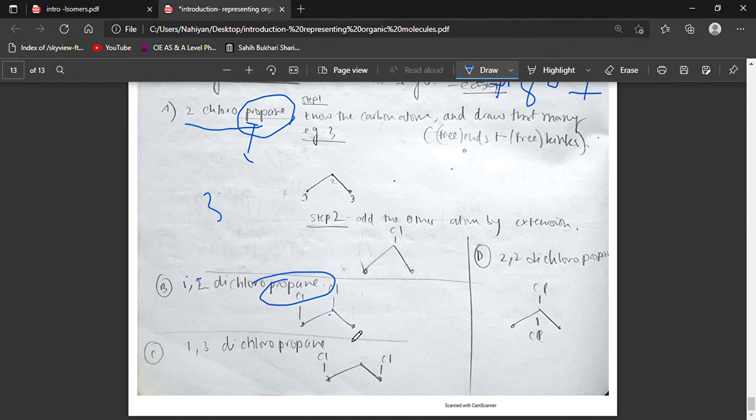So this could be the first carbon, and this could be the second carbon. So it's vice versa. You could do any of them. These are isomers. Maybe positional isomers. No, not positional isomers, because you are counting that as the first carbon. So based on your counting, you could have done the other thing.